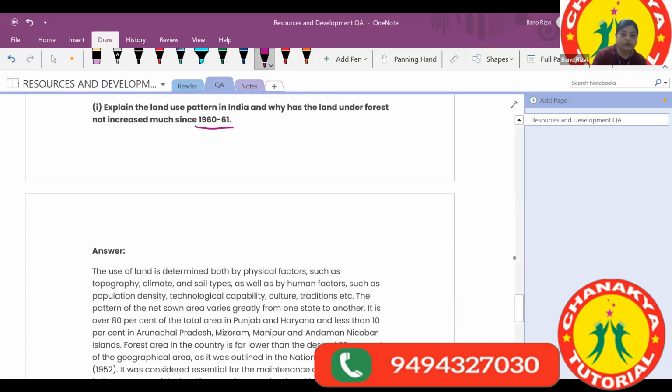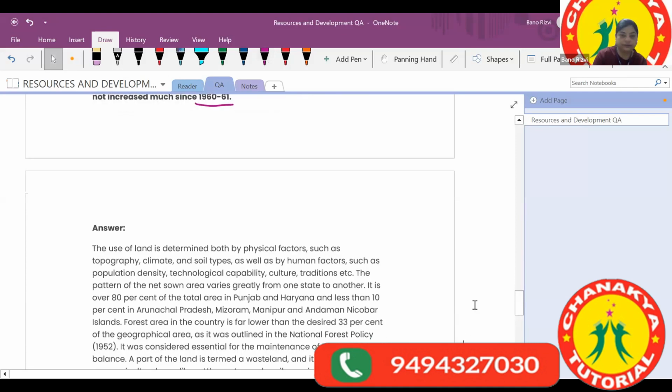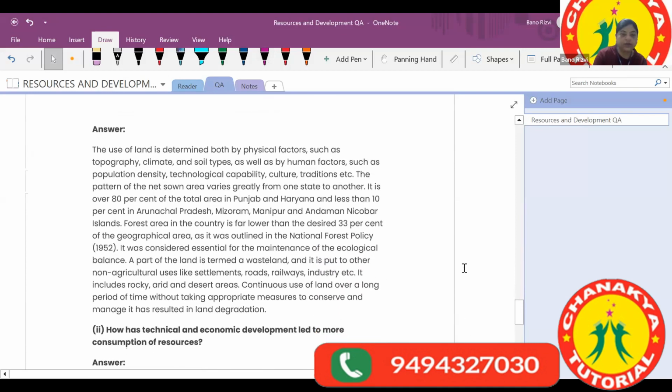Now, the use of land. The use of land is determined by both physical factors such as topography, climate and soil type, as well as human factors such as population density, technological capability, culture and tradition. The pattern of net sown area varies greatly from one state to another. It is over 80% of the total land in Haryana and Punjab.